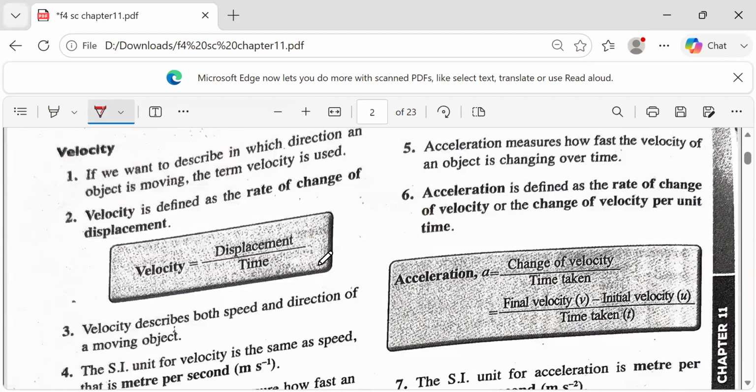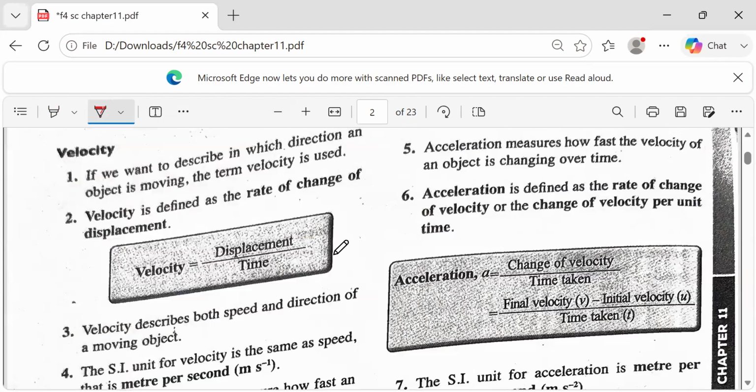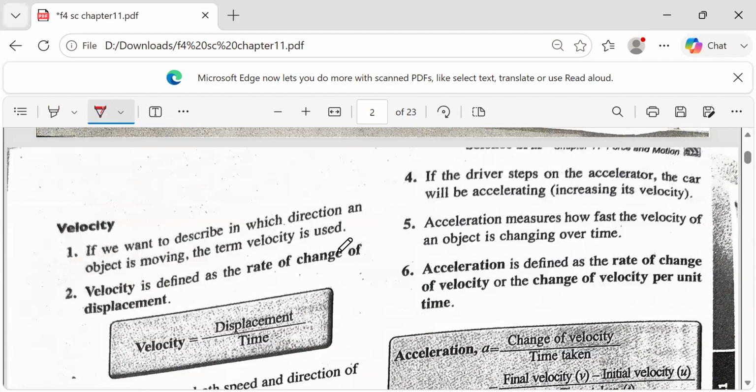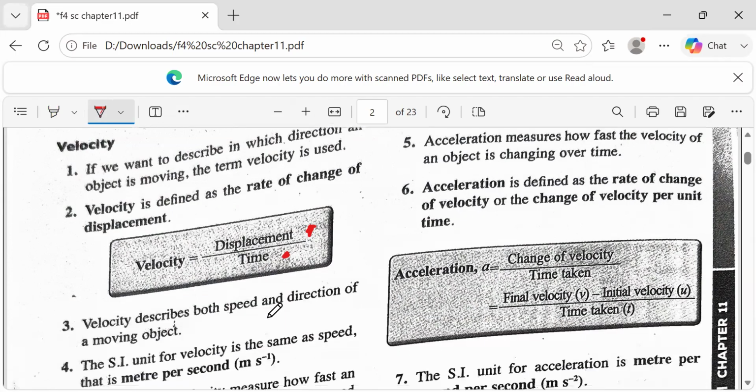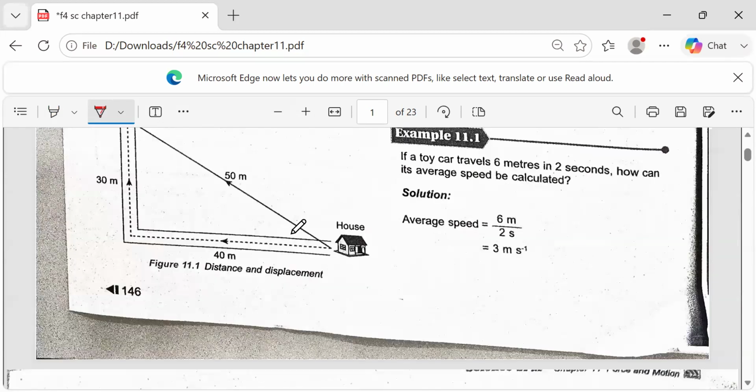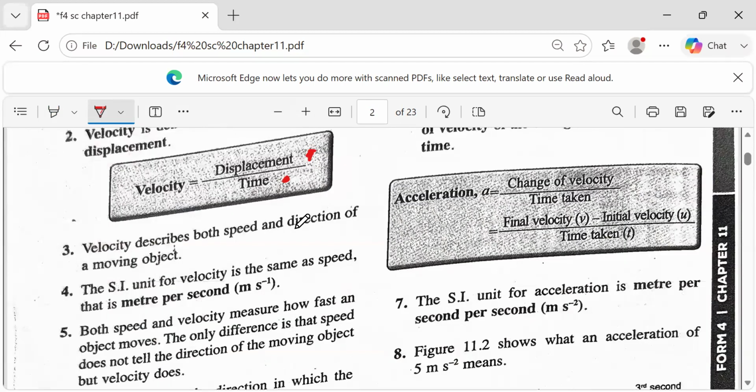Velocity is basically the same thing, except velocity is displacement over time. Displacement has a direction. When it's to the right, it's positive. When it's to the left, it's negative. But in the calculation, there's no difference. The unit for speed and the unit for velocity is the same, meter per second.